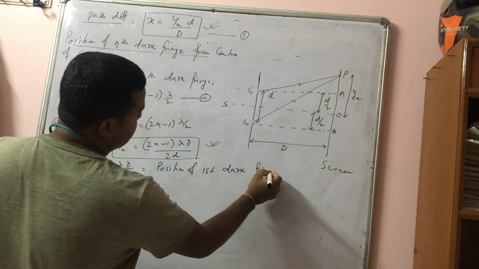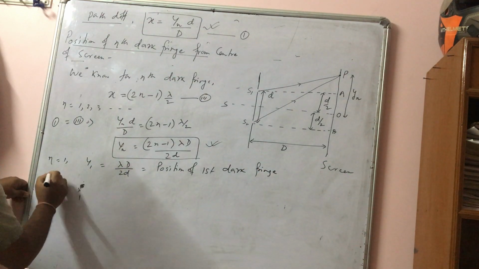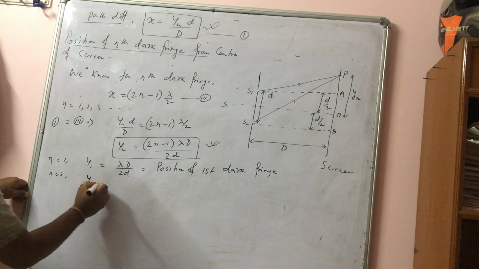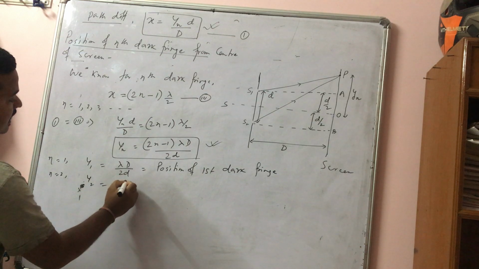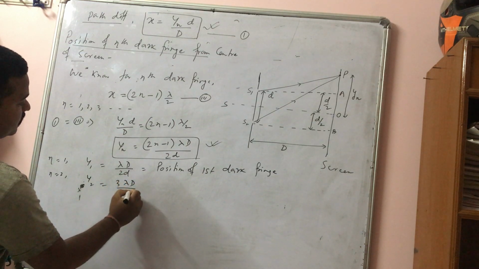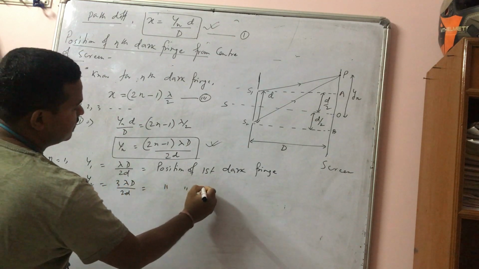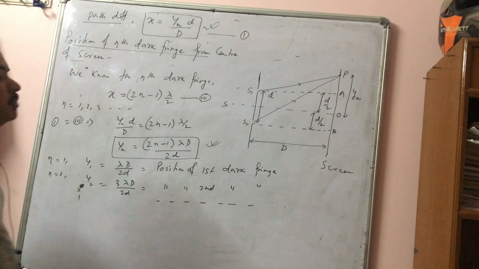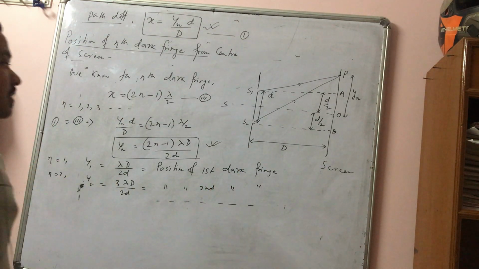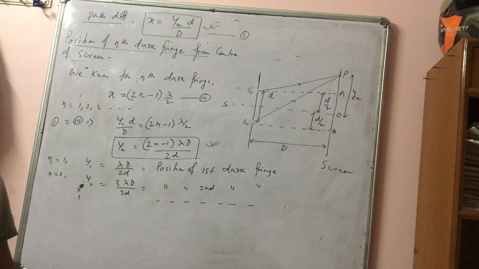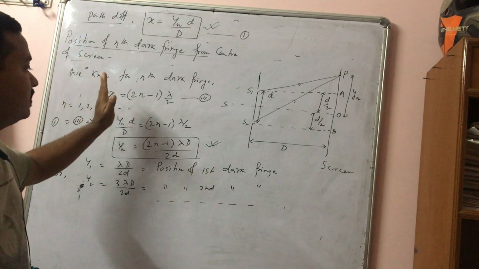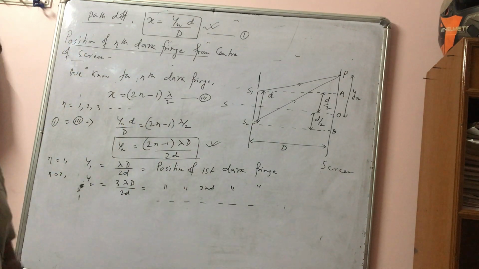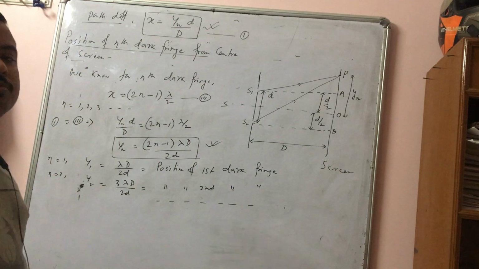If you put n equal to 2, y2 equals 3 lambda D by 2d. It is the position of the second dark fringe, and like that you can find the position of any dark fringe from this formula. So I have discussed the position of the nth bright and dark fringes. You have to remember the formula.